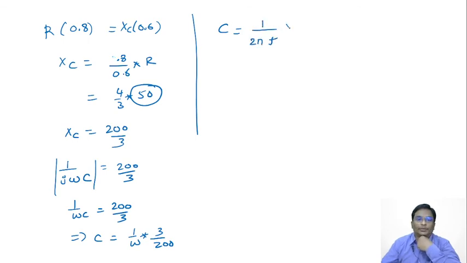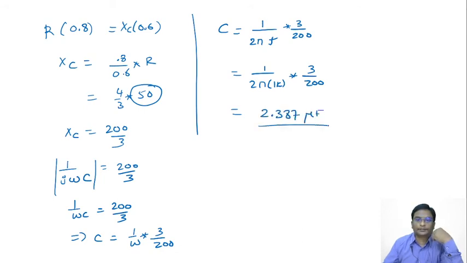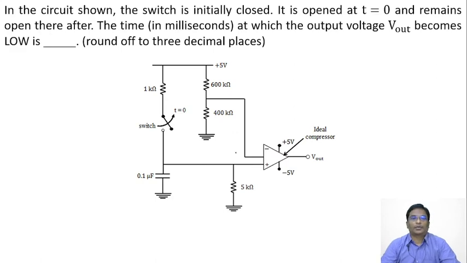So C is 1 by 2 pi into 1 kilohertz, which they given, into 3 by 200. Simplify it, take the calculator and try to do. You will get this is 2.387 microfarads. Let's move on to next question.